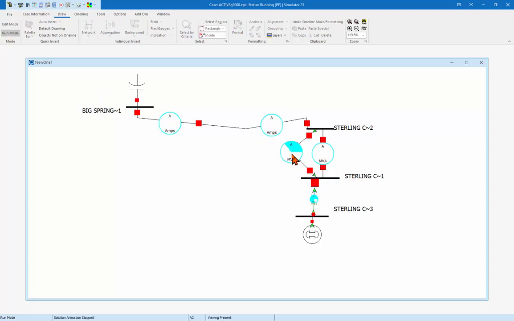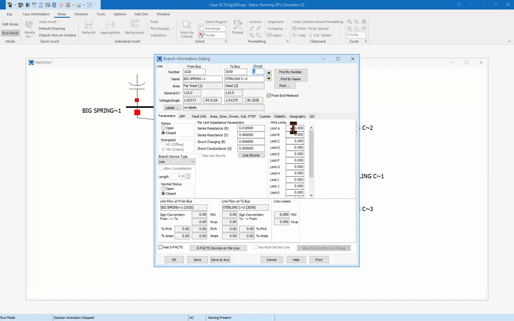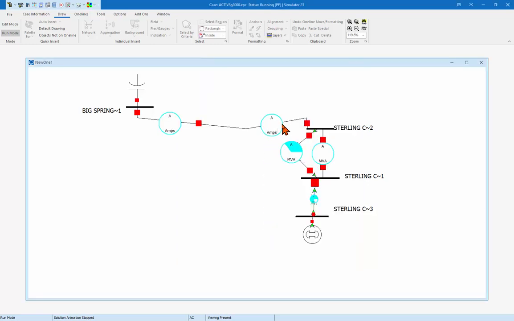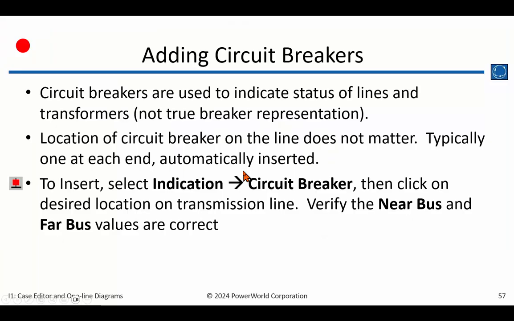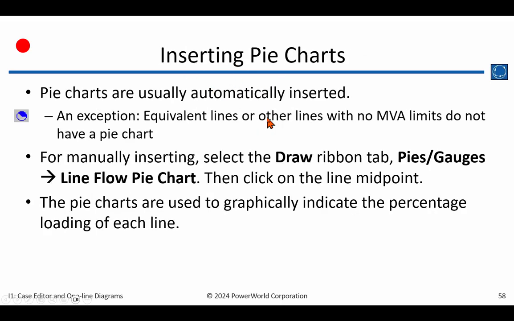Lines that don't have limits, so if the limits for the transmission line are set to 0, which is this value right here, the limit A, then a pie chart wouldn't apply and you would not be able to add one there. So there are some slides that describe, again, the features of circuit breakers and pie charts.